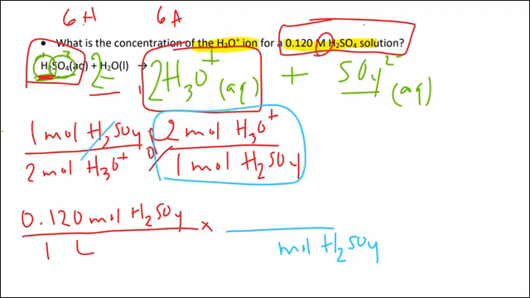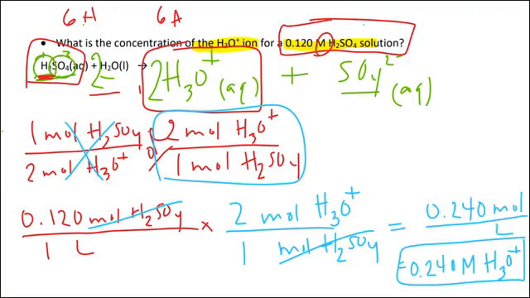So I'm going to use my 2-to-1 ratio here, H3O+, and make sure that those cancel. So 2 times 0.120. So we can see with our final answer that we got 0.240 molarity, capital M, of hydronium.